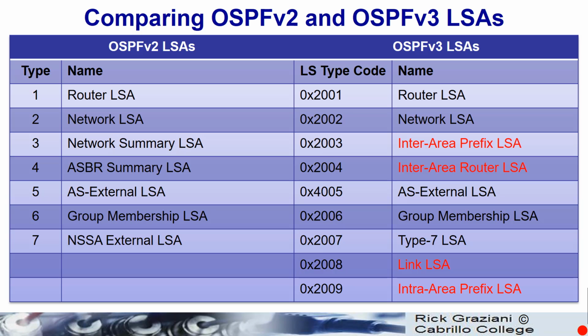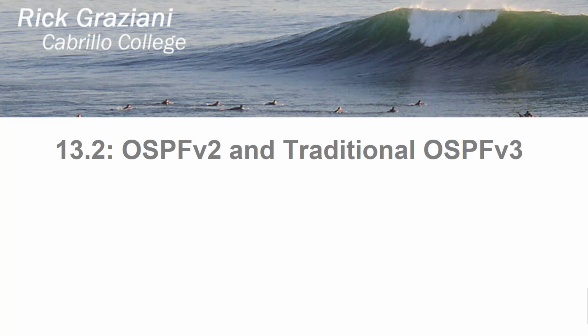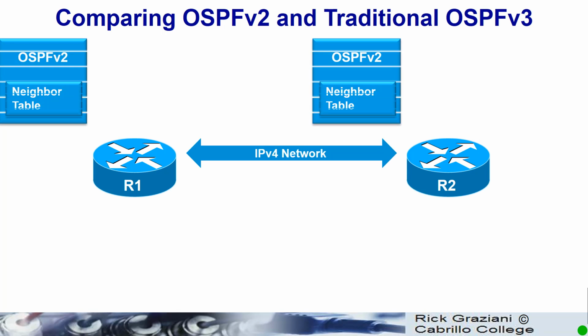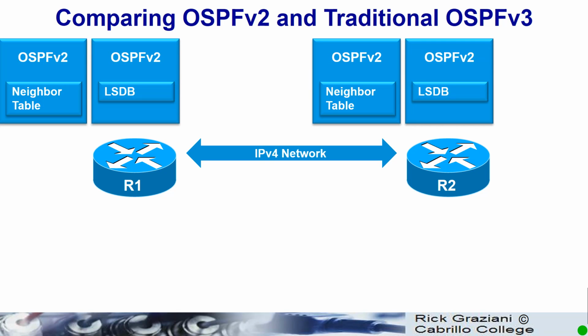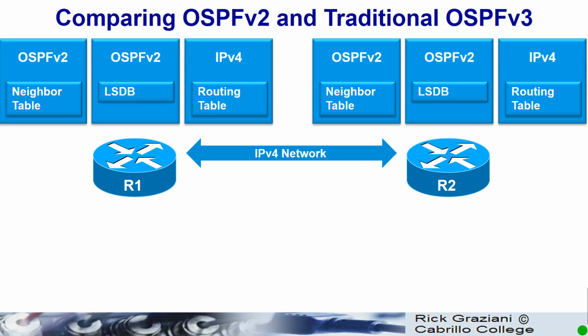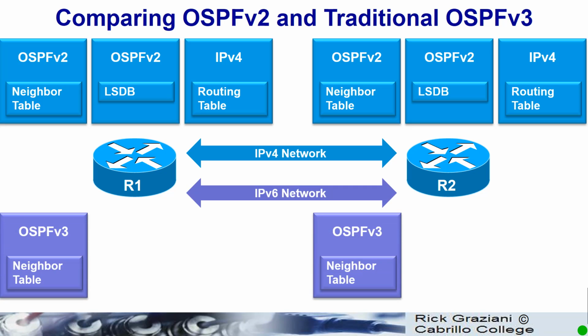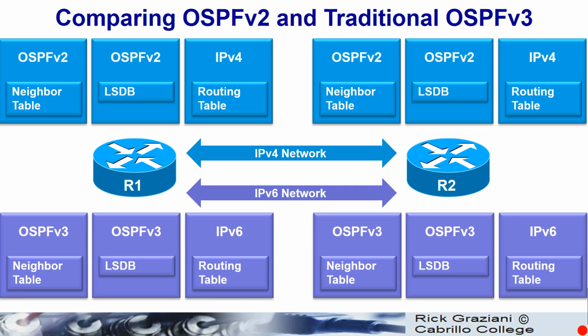Alright, let's go ahead and get into more OSPFv2 and traditional OSPFv3. Again, you're going to notice that they have a neighbor table, a link state database table, and a routing table. I totally said that backwards.